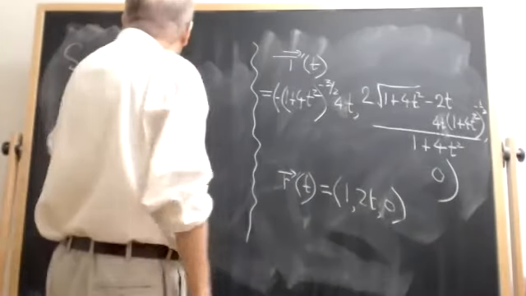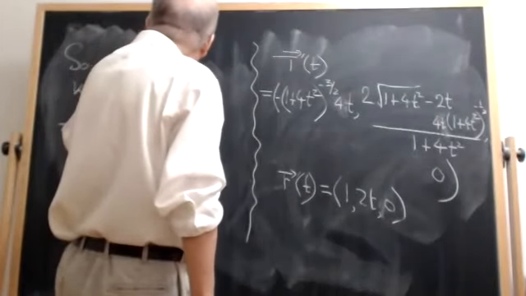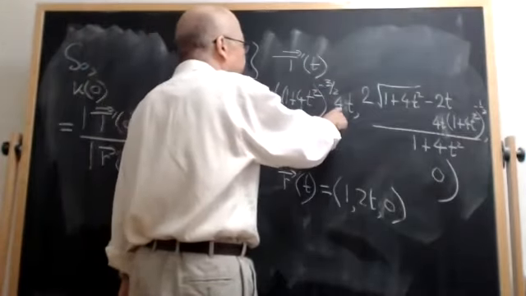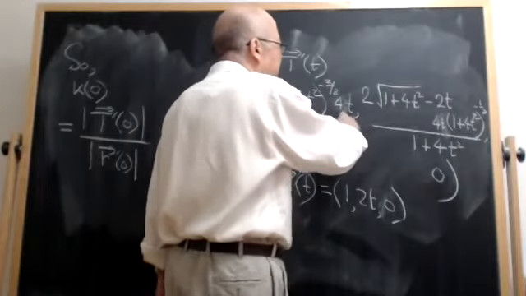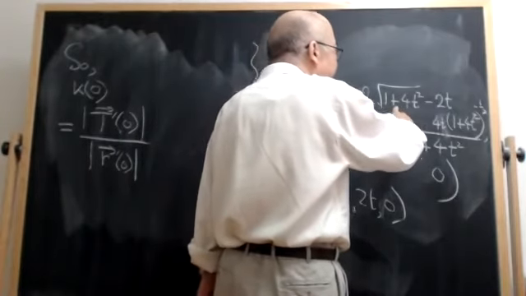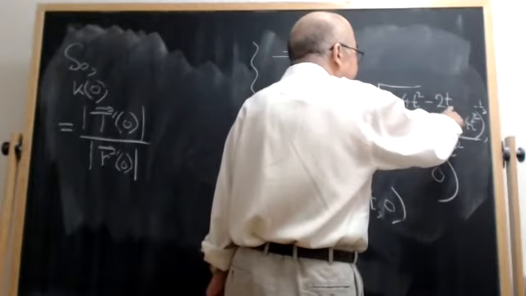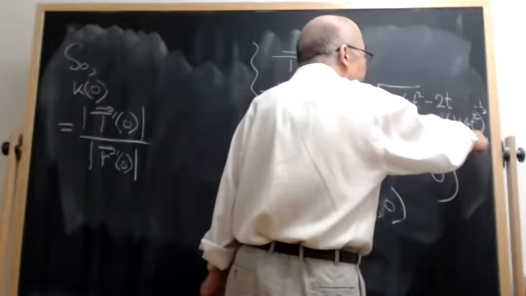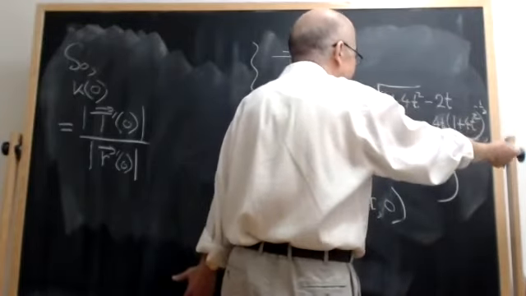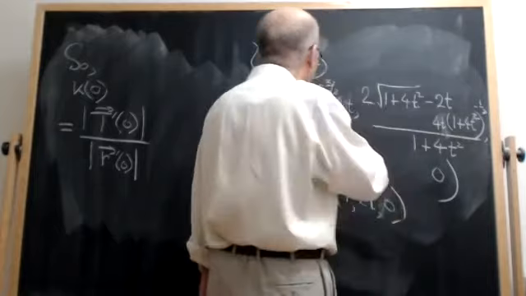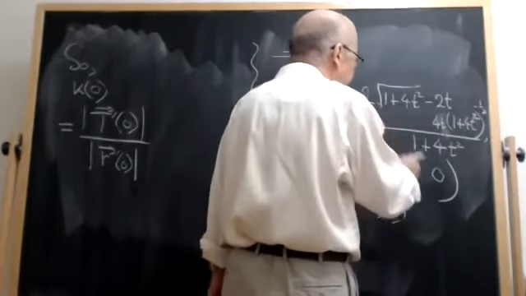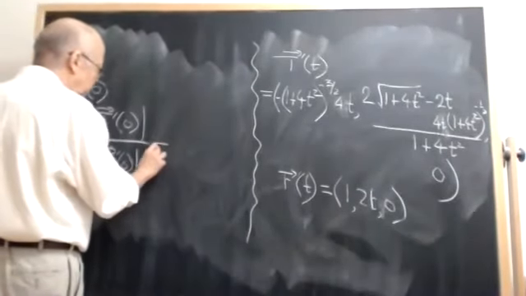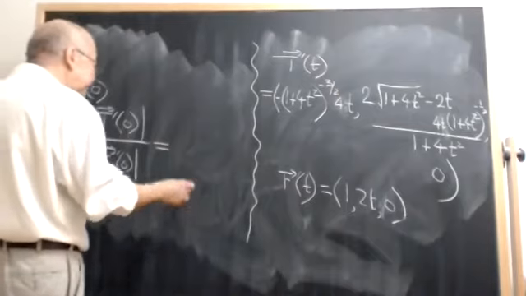Okay, what is the norm of T prime at 0? So this is 0. I have 2 here. And then this is 2t times 4t times this whole thing, which is also 0. So I have 0, 2, 0. So what is its length?